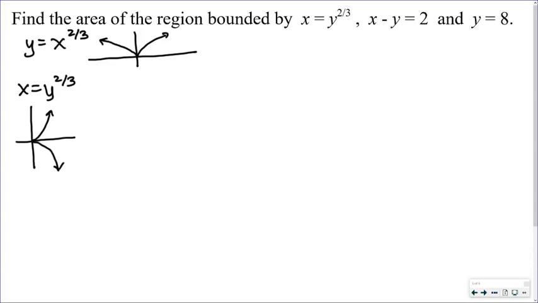And then we have a line, y equals x minus 2. So that's going to be like that, something like that. And then y equals 8. Y equals x minus 2 and y equals 8 is going to be a horizontal line.